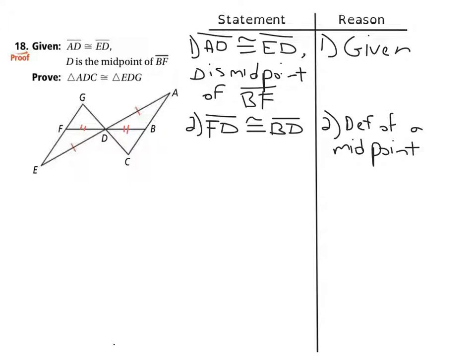Great. Okay. You can see, and I'm just going to highlight it in yellow, and then I'll take it away, the two triangles that we're trying to prove, that ADC and EDG are congruent.